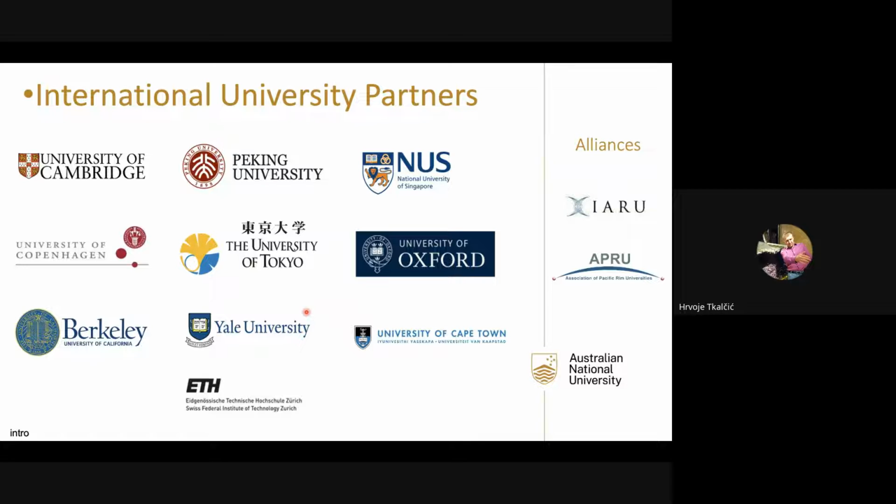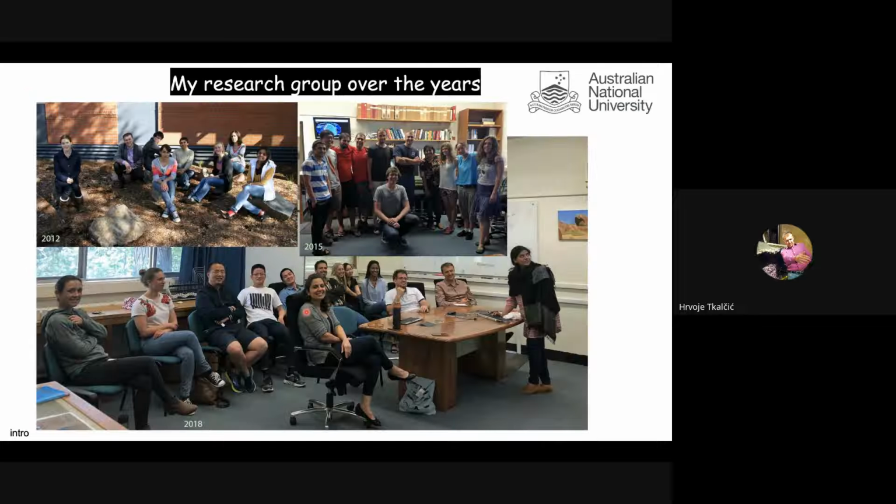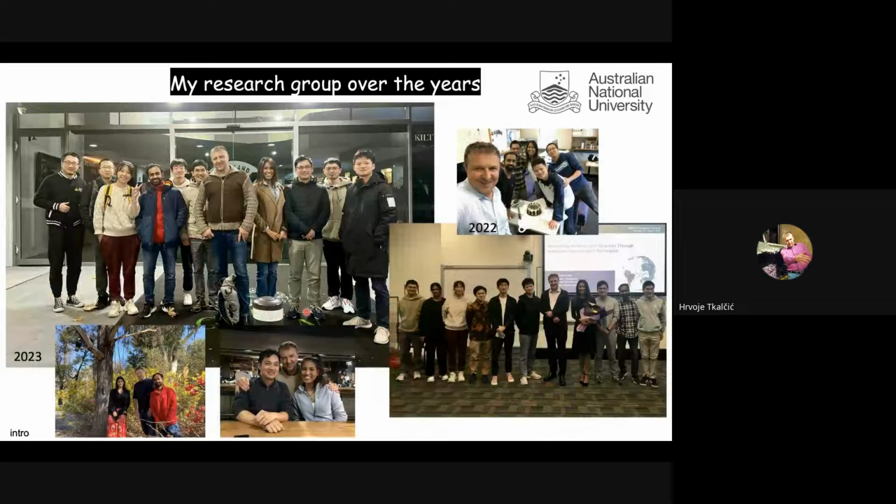It would be nice to see maybe an Italian partner as well here among these universities. But this is my research group over the years and how it's changed, from early 2010s to 2020. You can see a quite international group. This is how we look today or in the last couple of years.